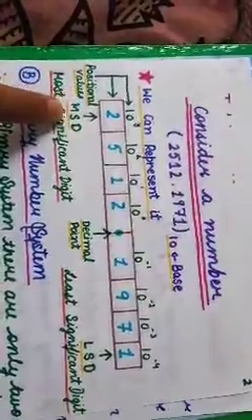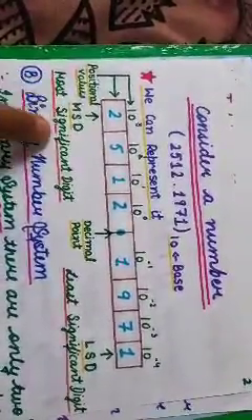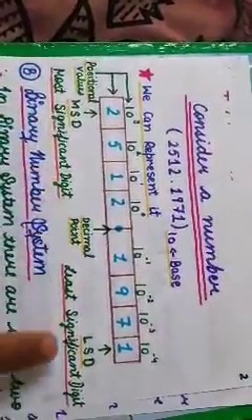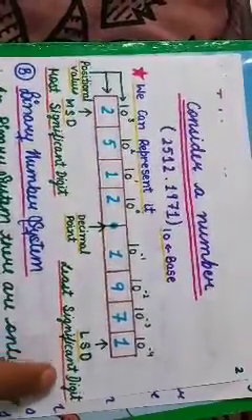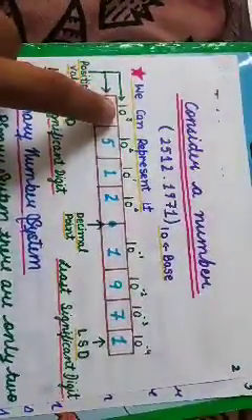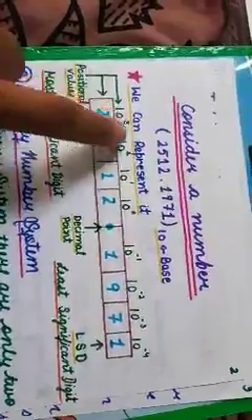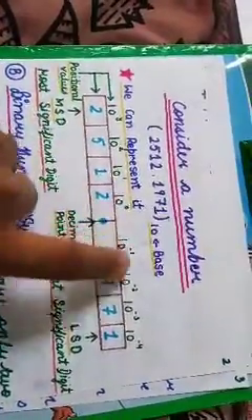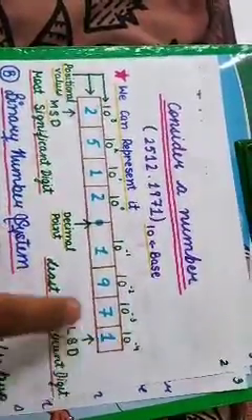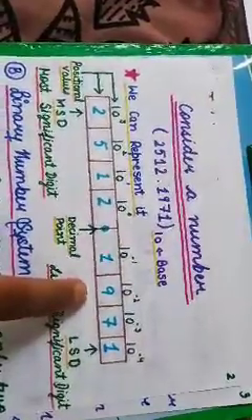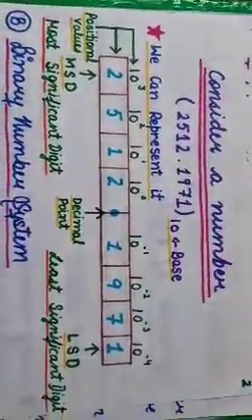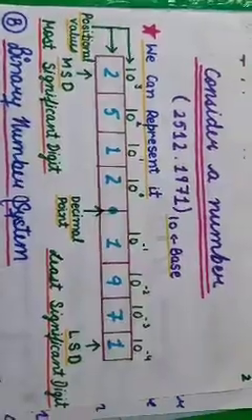This digit is the MSD, most significant digit, and this is the LSD, least significant digit. These positional values 3, 2, 1, 0, minus 1, minus 2, minus 3, minus 4 are the positional values in a decimal number system.